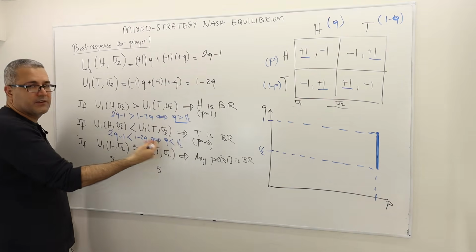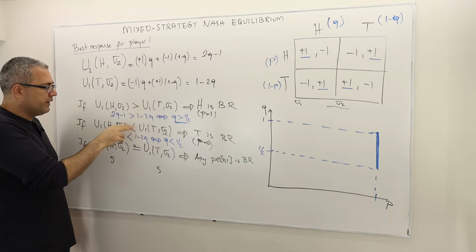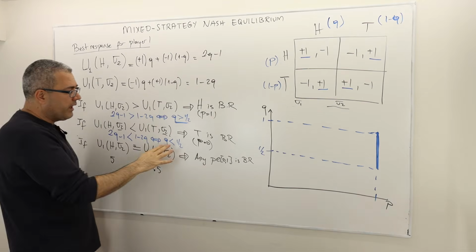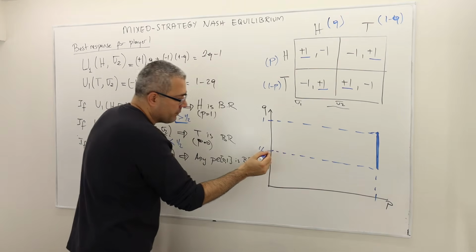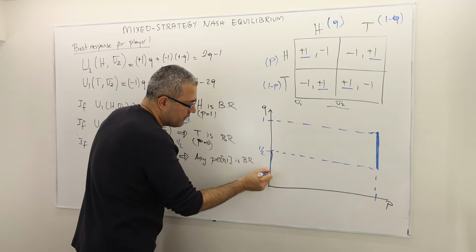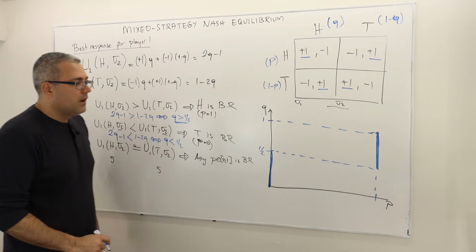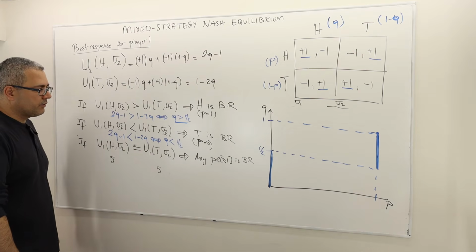So if this is greater, this has to be less than, because I'm just reverting the direction of this inequality. So whenever Q less than 1/2, P equals 0 is the best response. So this is where my function is. All right, very good.